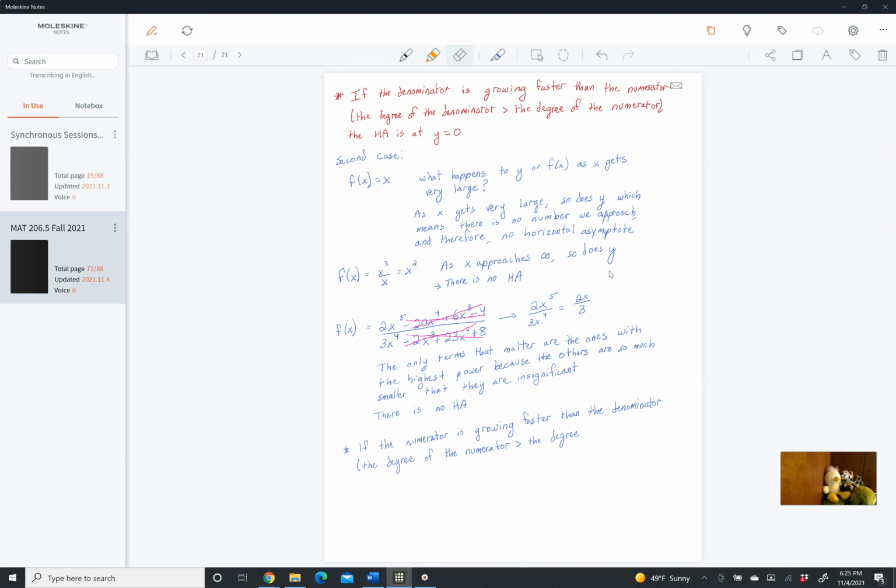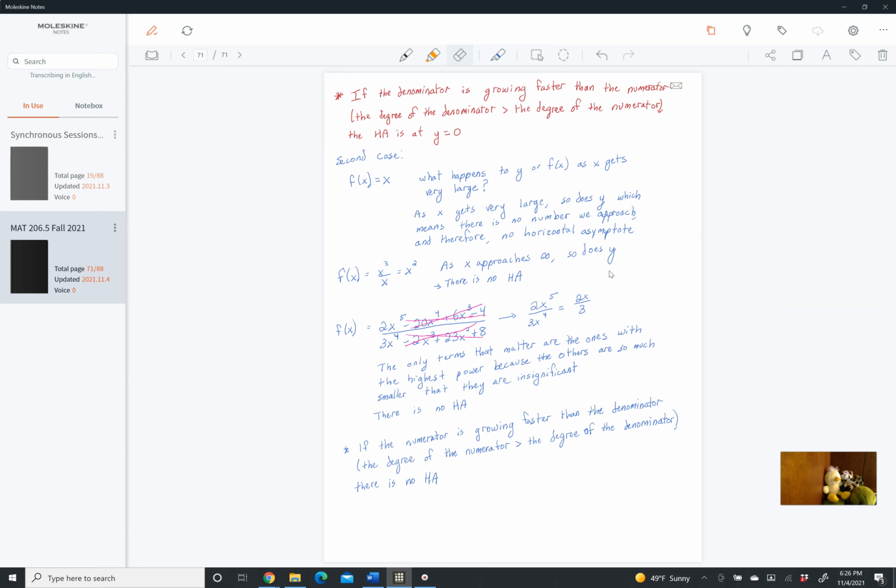So we just flip this. There is no horizontal asymptote. So that's the second case.